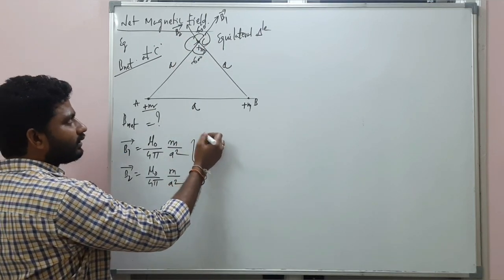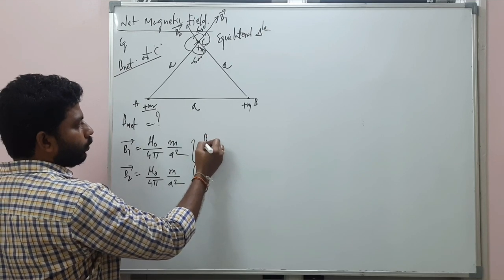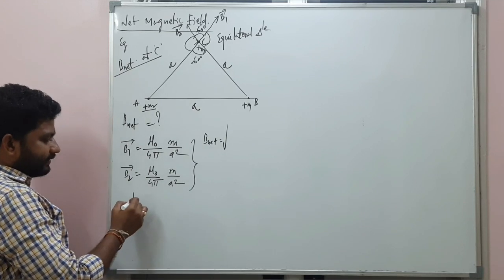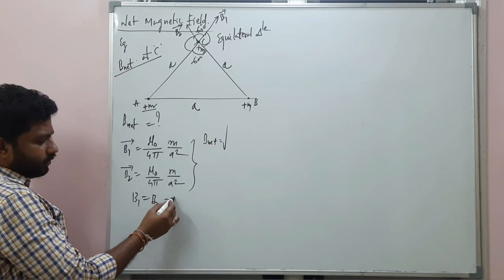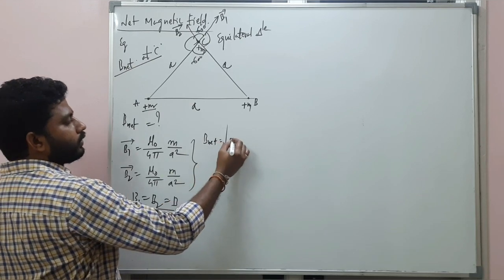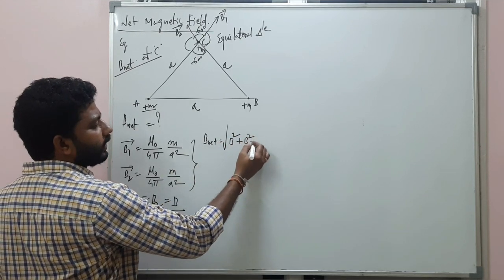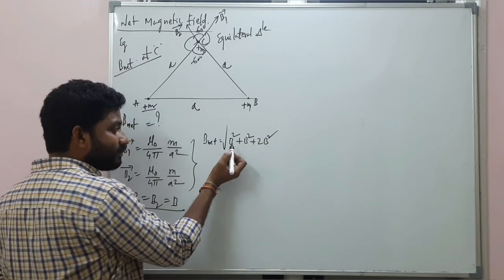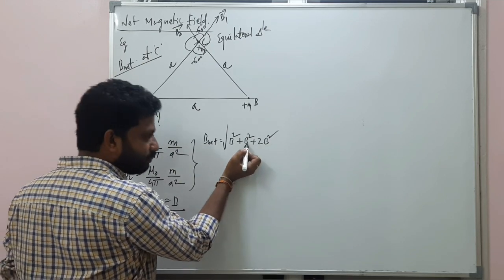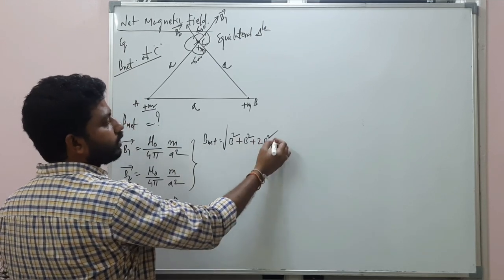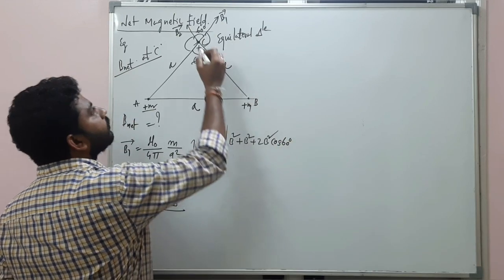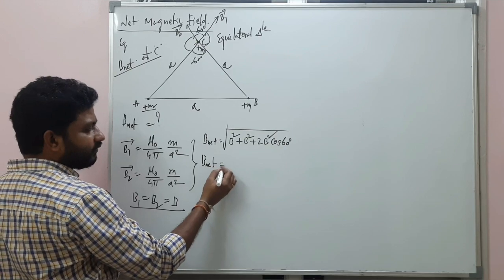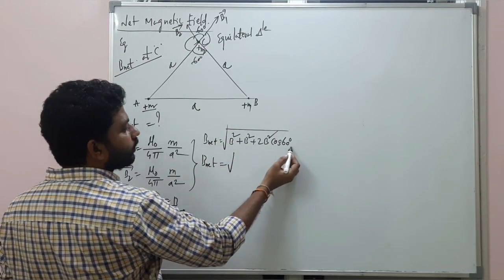Now the net magnetic field will be square root of b1 square plus b2 square plus 2 b1 b2 cos of the angle between b1 and b2, that is 60 degrees. As b1 is equal to b2 is equal to b, it is b square plus b square plus 2b square cos 60 degrees.